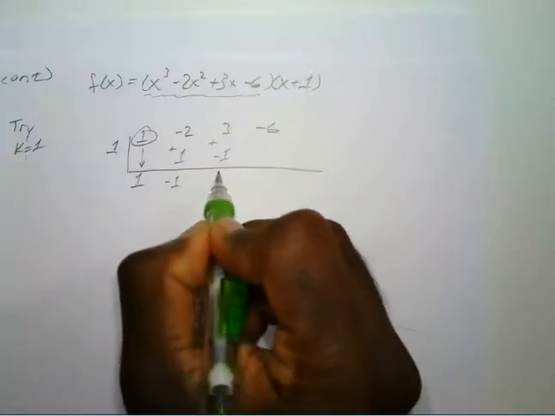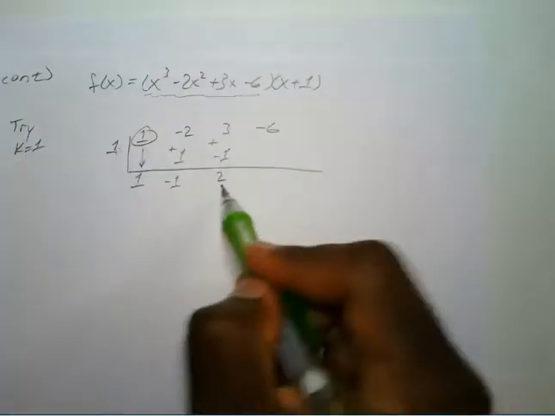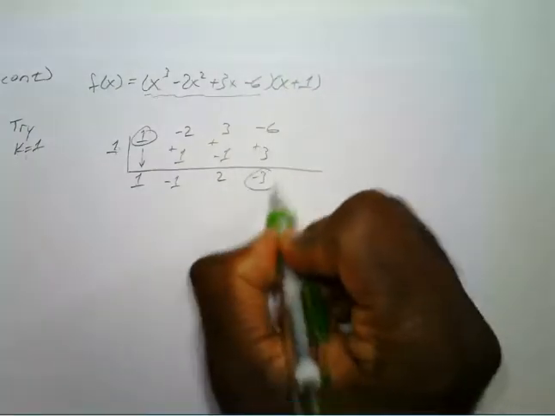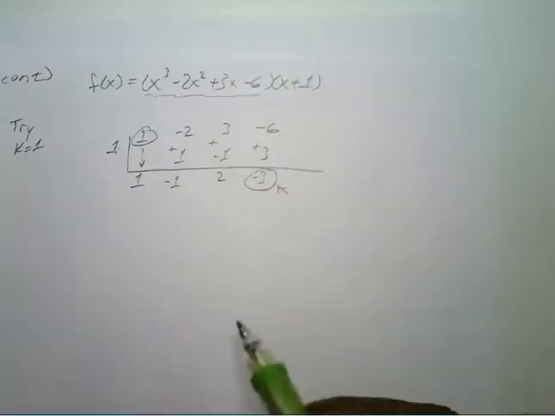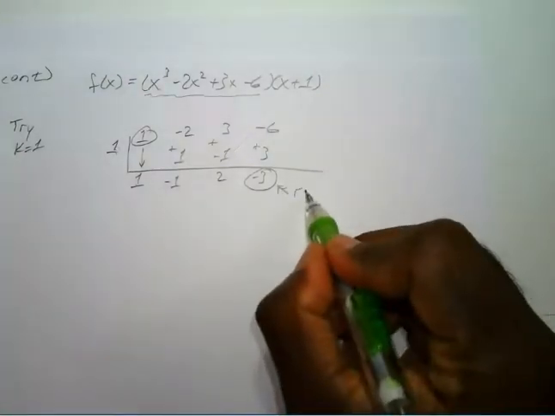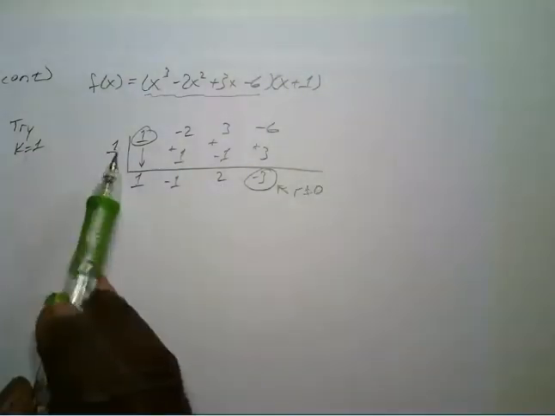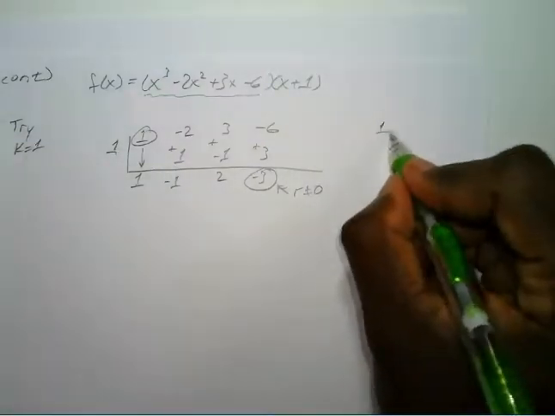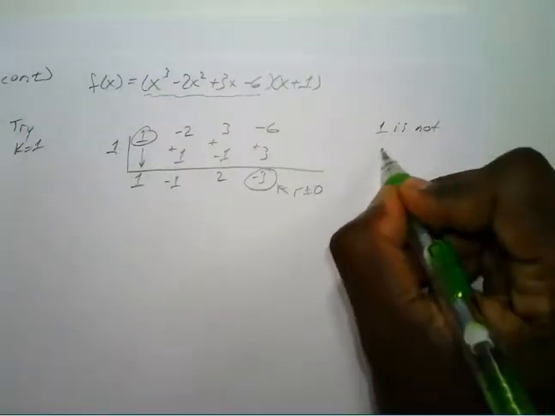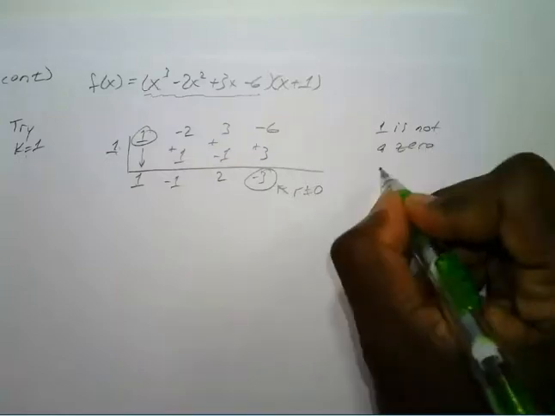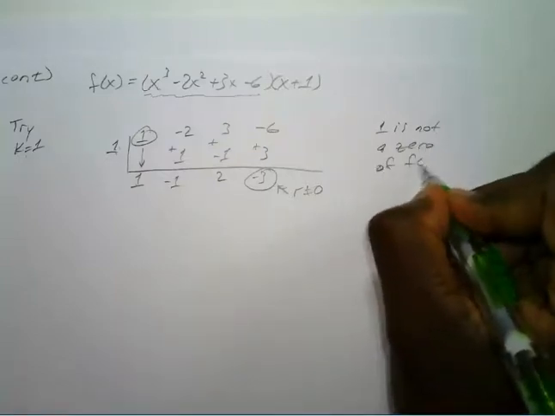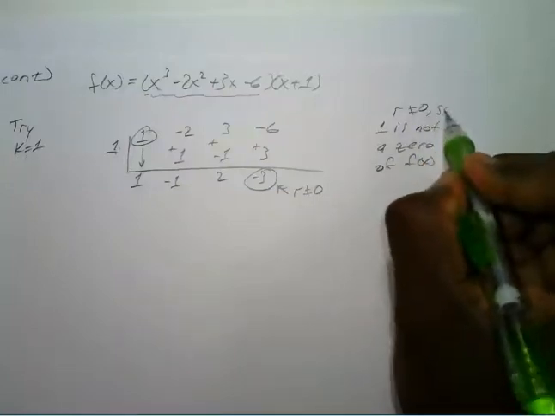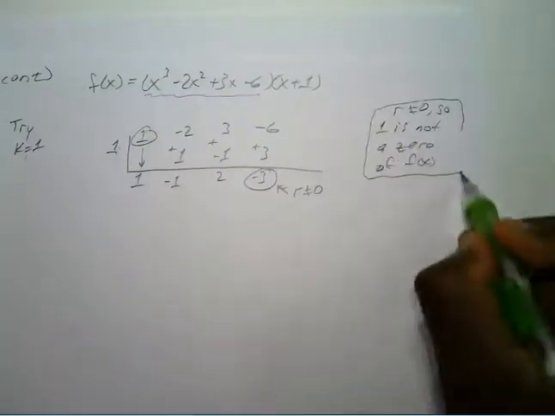Add those together, we end up with 2. 1 times 2 is 2. Add those together, we end up with -3, which is all fine and dandy, but the remainder does not equal 0. So we know that 1 is not a 0 of f of x.